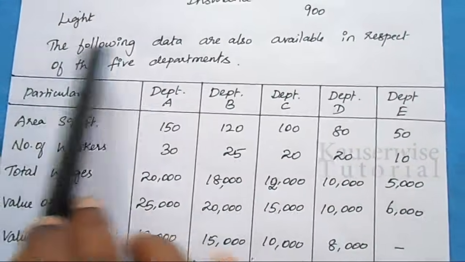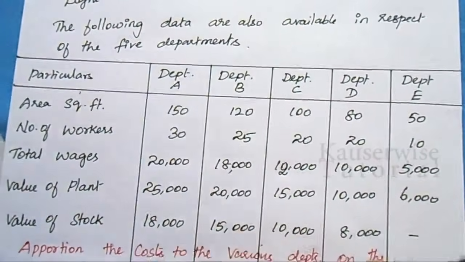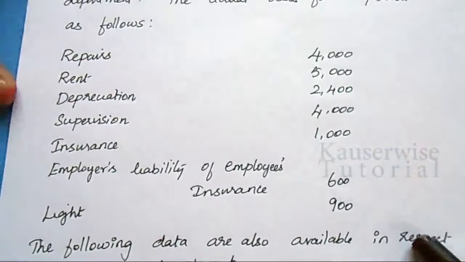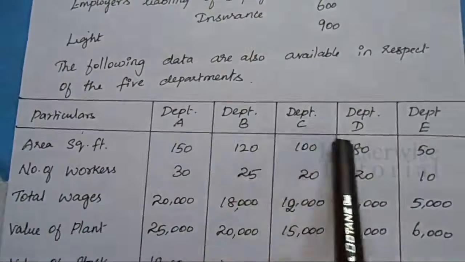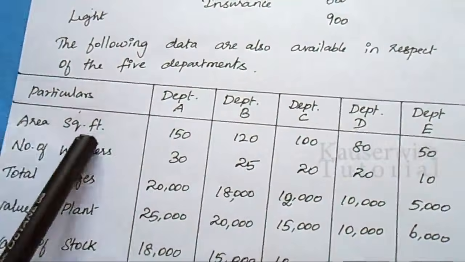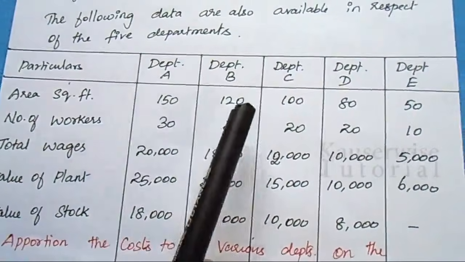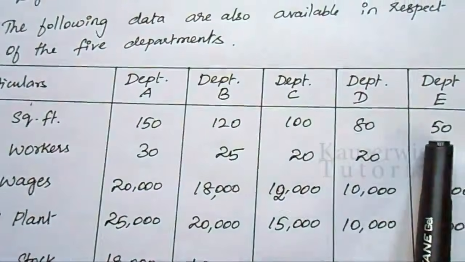So now the following data are available in respect of the 5 departments. Apart from the various expenses related to a particular month, they have given some additional information regarding each department separately. Area in square feet: department A occupied 150 square feet, and department B 120, C 100, D 80, E 50.